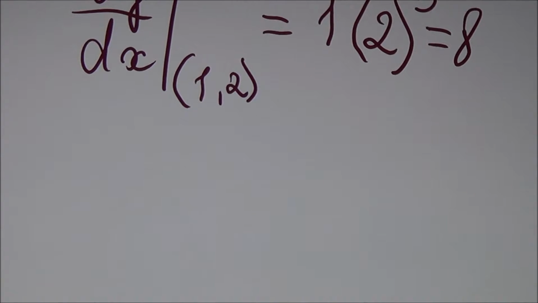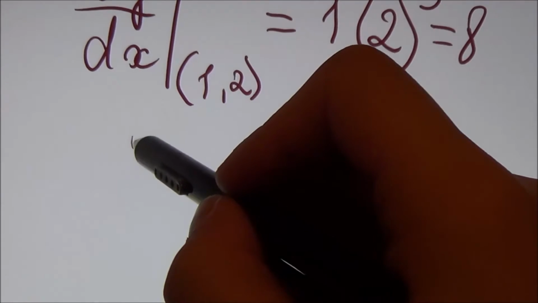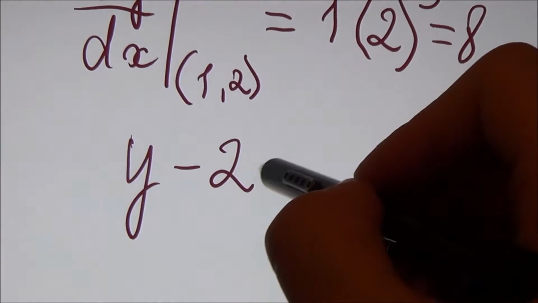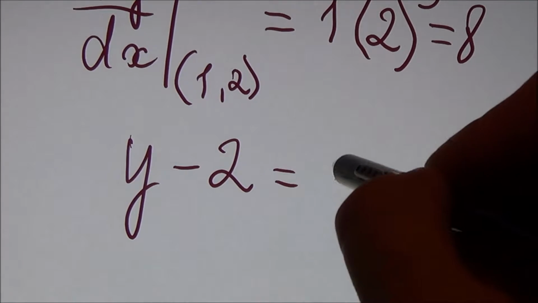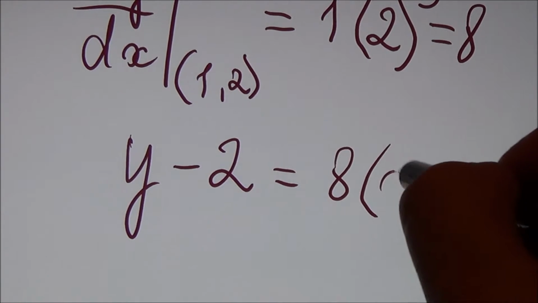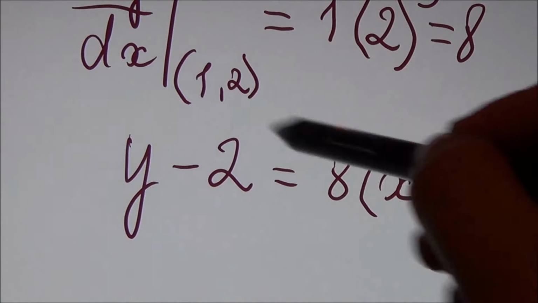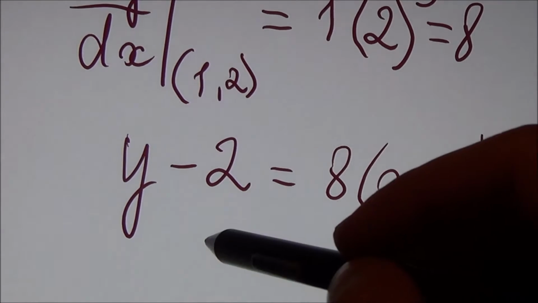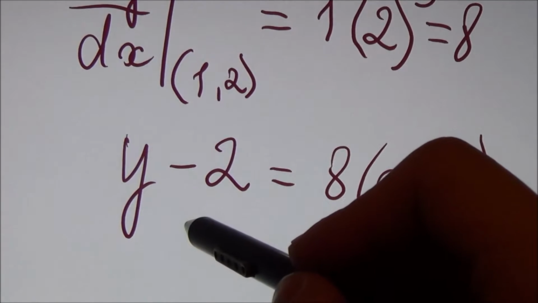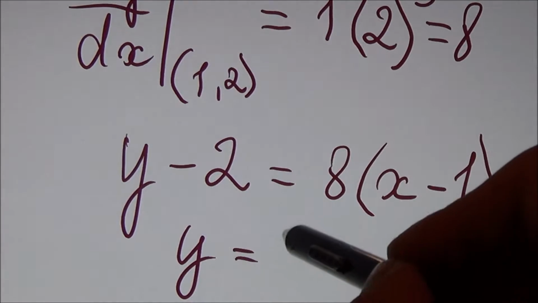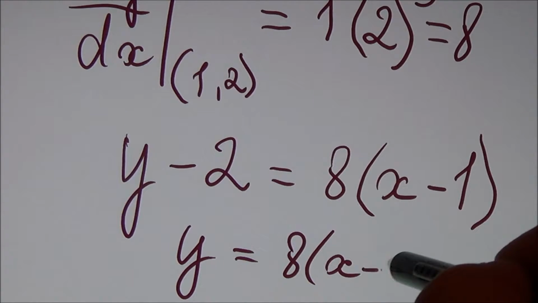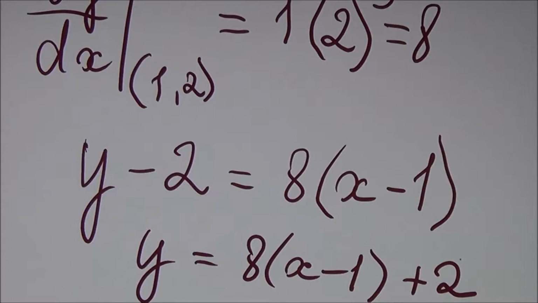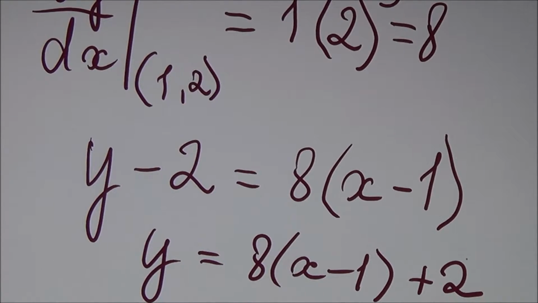Now that we found our slope, let's plug it into the equation. y minus y1, which is 2, equals the slope, which is 8, times x minus x1, which is 1. Let's make it y equals: y = 8(x − 1) + 2. And this is the equation of the tangent line at x = 1.